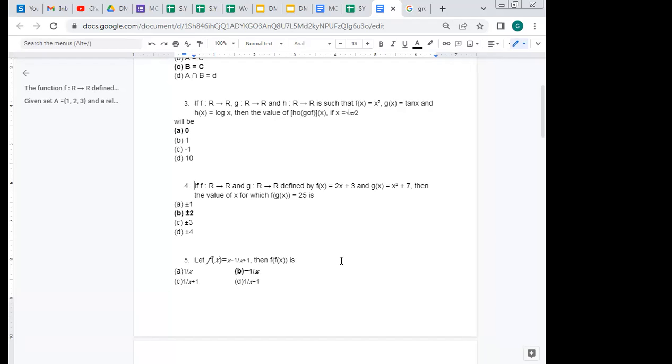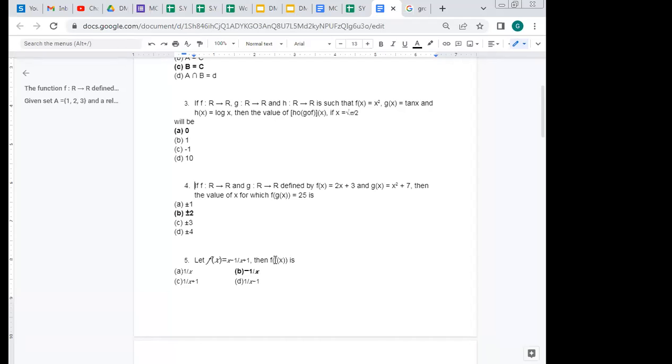We have the equation like this. Tell me the value of x now. Plus or minus 2.